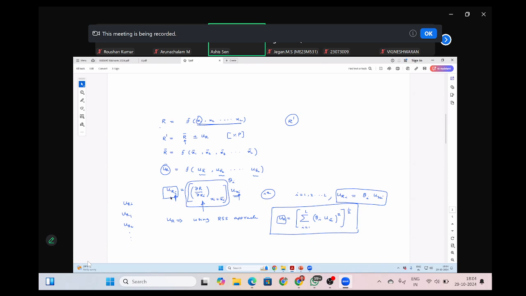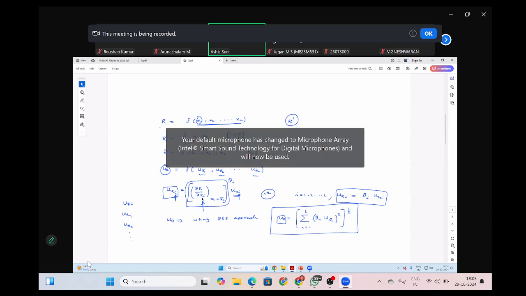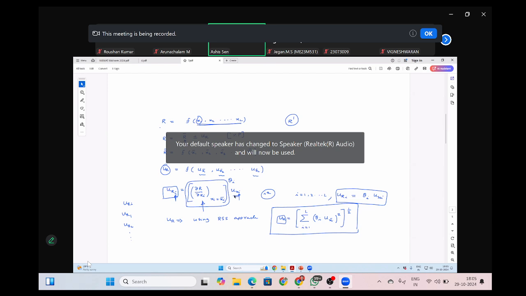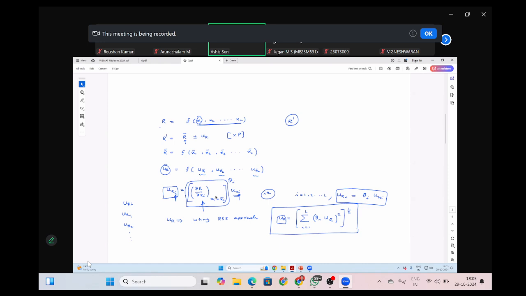And this uncertainty in R we find by taking the derivative of R with respect to each of these parameters evaluated at the mean value, into the corresponding uncertainty of that ith variable, whole square, and you sum it for all these variables and take half. This is the root sum square approach. This is something that we had studied in theory, right?